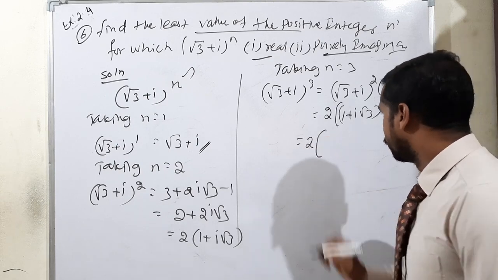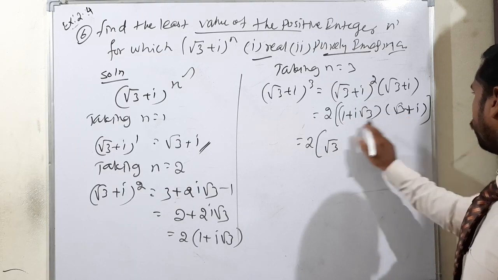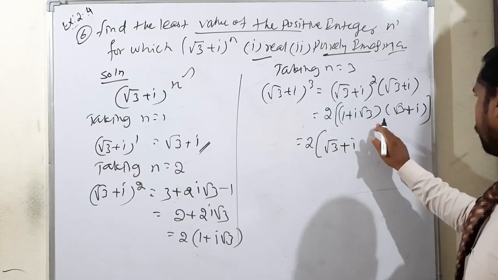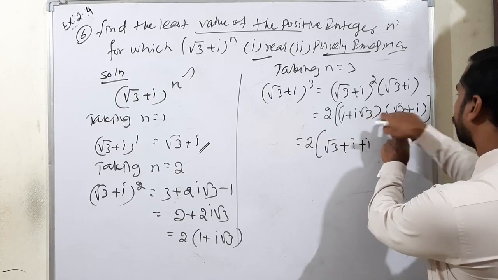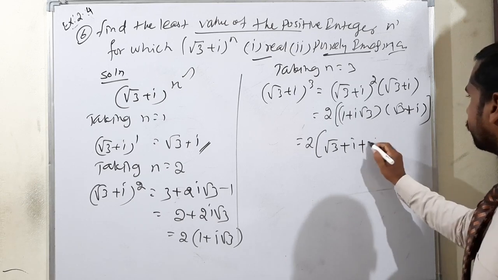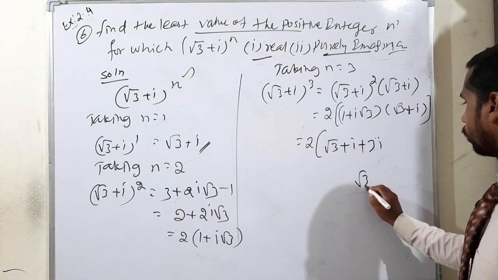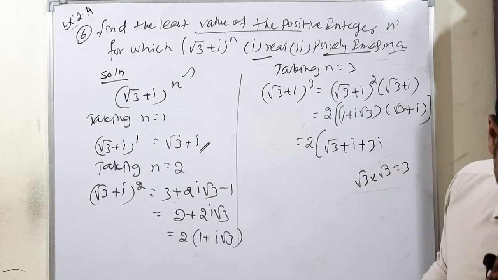Again 2 into 1 into √3, that is √3. Again 1 into i. Listen very carefully. Then plus i is there. √3 into √3 into i, only 3i, because √3 into √3 is 3. That's why I have written only 3.